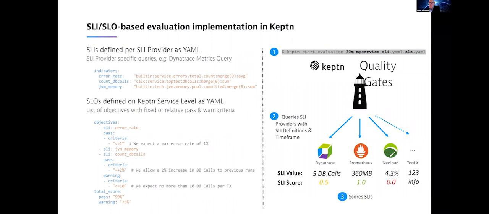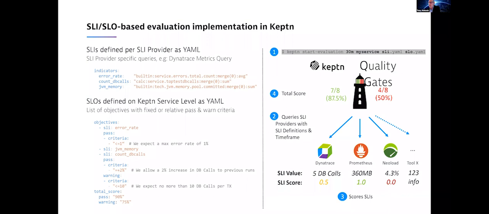The Keptn side will put a score on them from 0 to 1. And then in the end, you have a total score of, in this case, 8 SLOs, 8 scores, where 7 are scoring correctly, meaning an overall score of 87.5, which is then accepted.